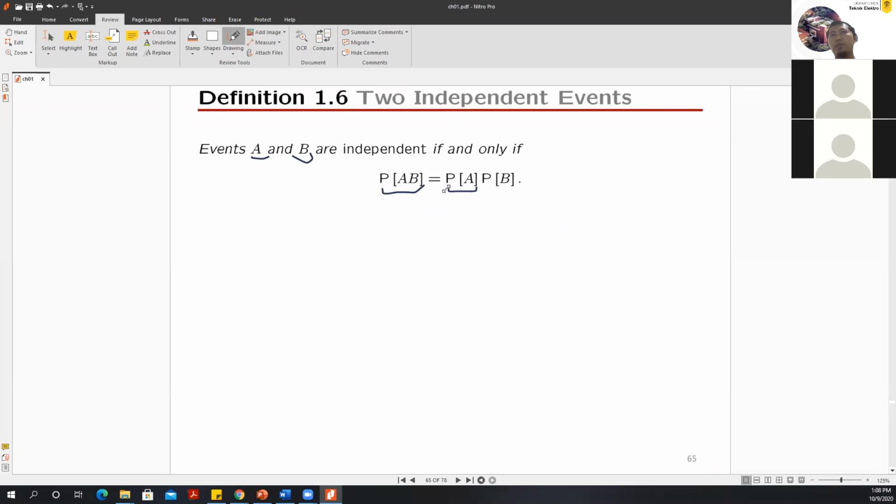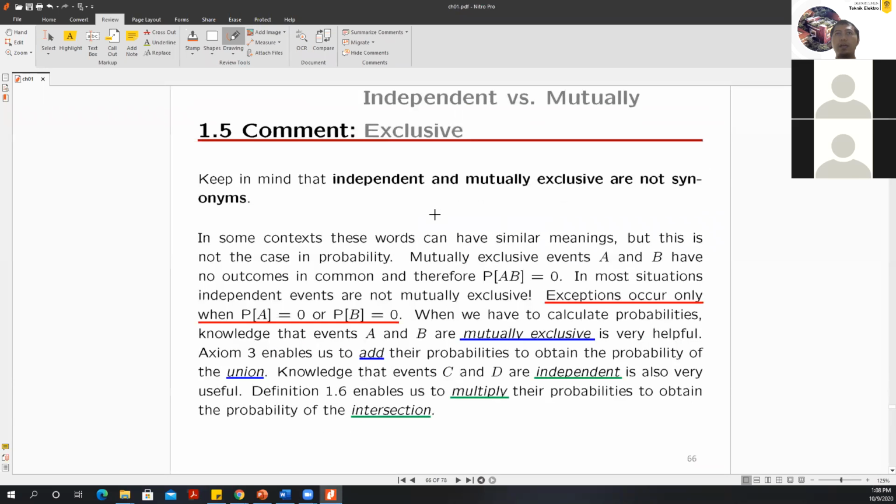I mean, between probability A and probability B, or the multiplication of marginal probability A and marginal probability B. In this slide, I want to point out that independent and mutually exclusive are not synonyms.